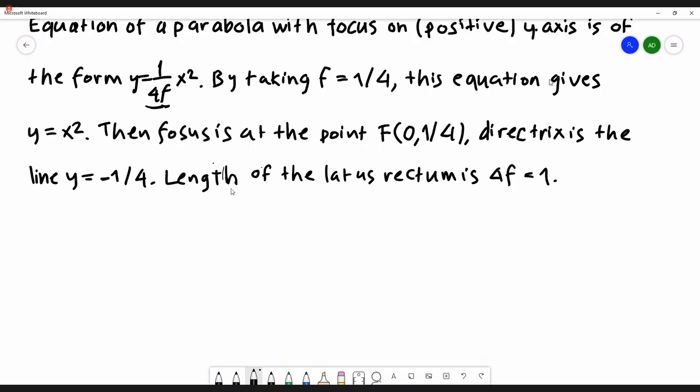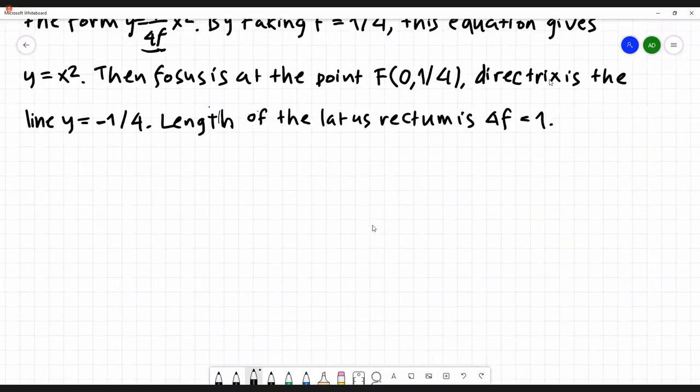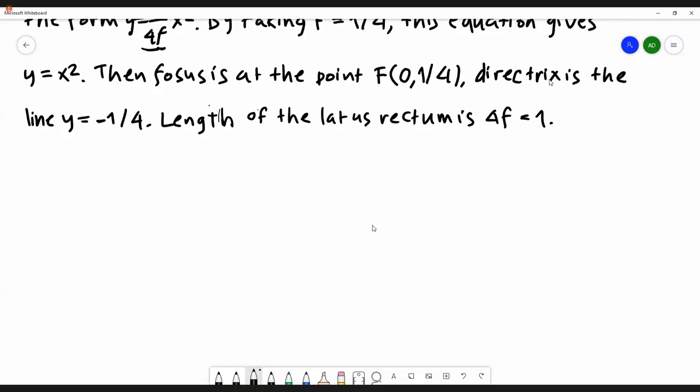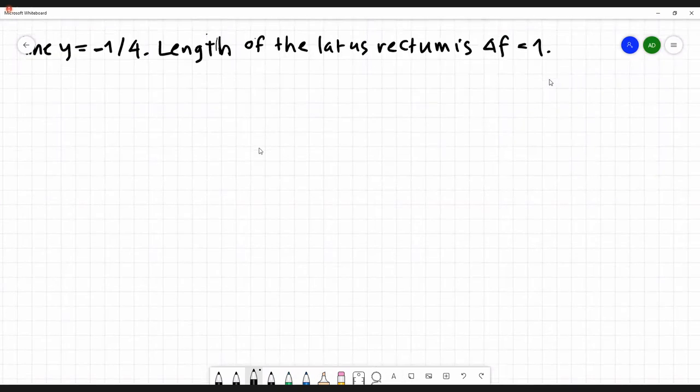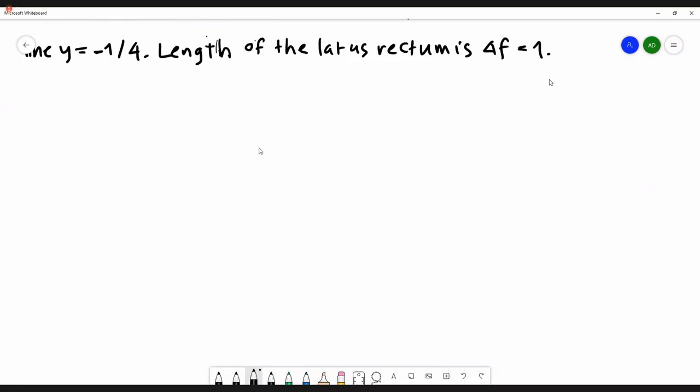Okay. Now, in the next example, we will obtain the equation of a parabola when its directrix and focus are given. Second example. Example 2.